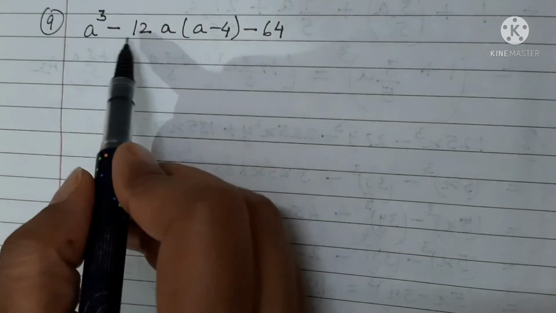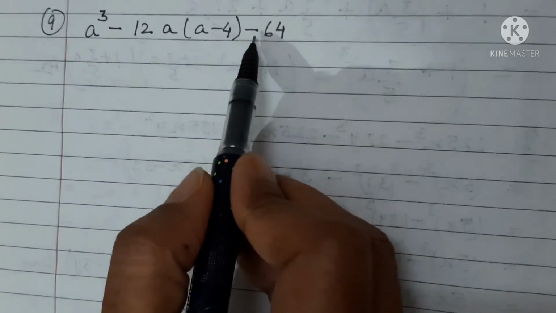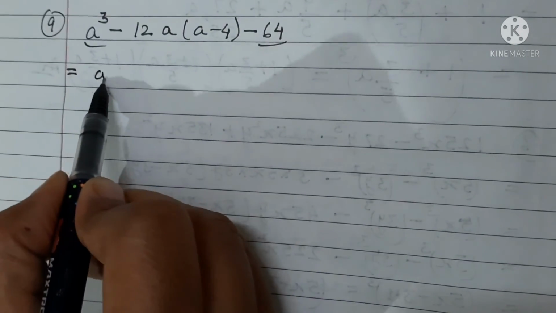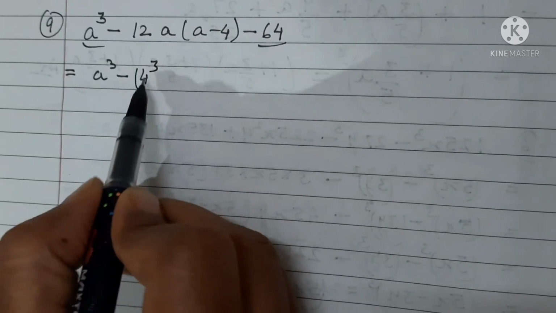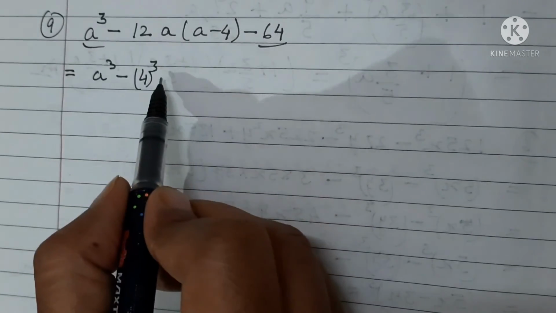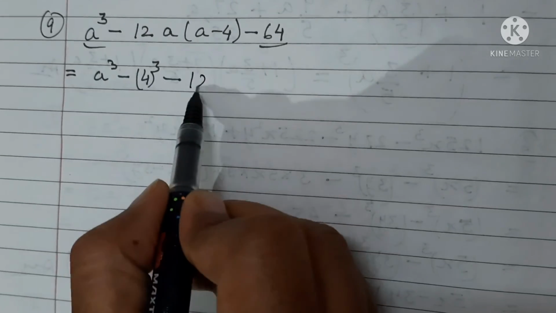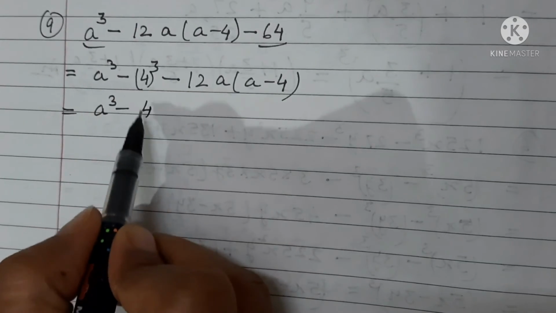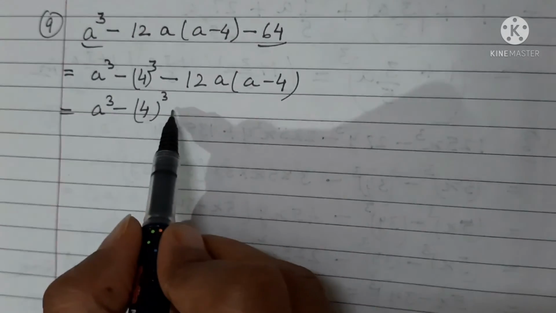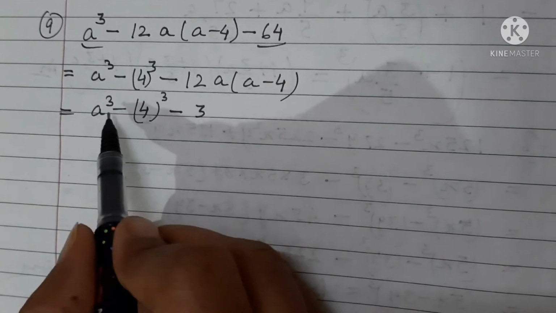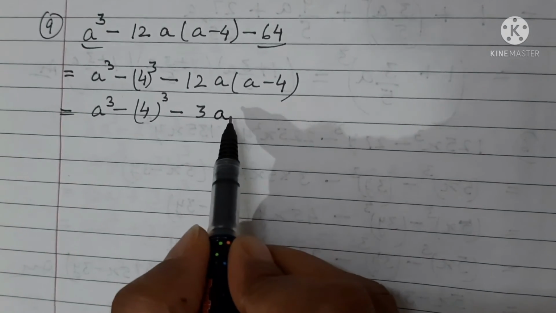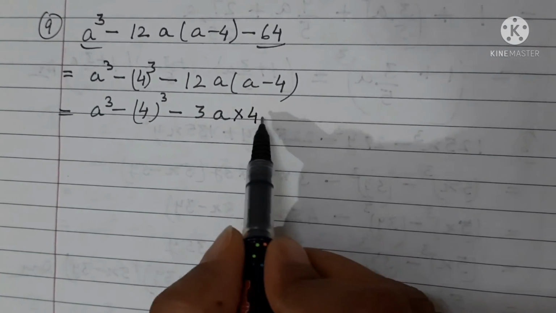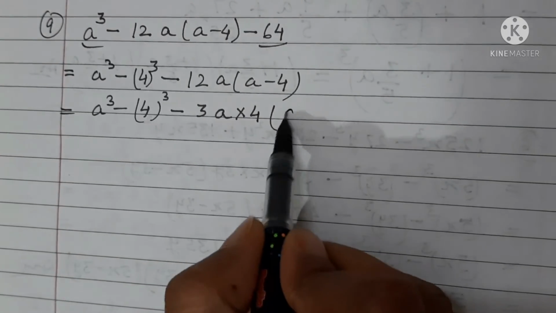Question number 9. A cube minus 12a, a minus 4 minus 64. These two terms taking together and write it: a cube minus 4 cube, 4 4s are 16, 4 16s are 64, minus 12a and a minus 4. So a cube minus 4 cube, a cube minus b cube minus 3ab, a minus b, where a means a and b means 4.